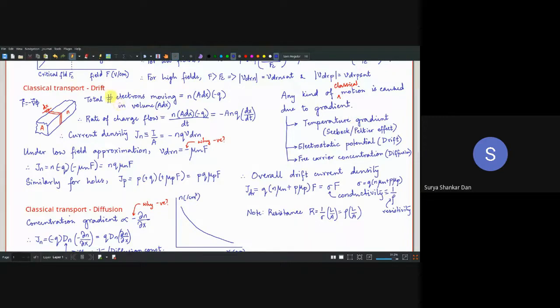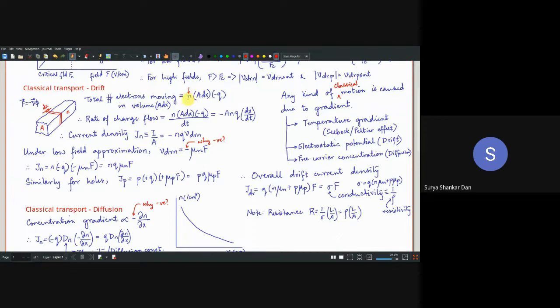All right. So for classical transport, let us say we are considering an archetype of a silicon block. Cross-section area A, electron concentration is n, and a strip along this length is dx. Now remember the total number of electrons moving in the volume A dx, this particular strip, is given by n. Look, n is the concentration, not the gradient. We can also call it the carrier density.